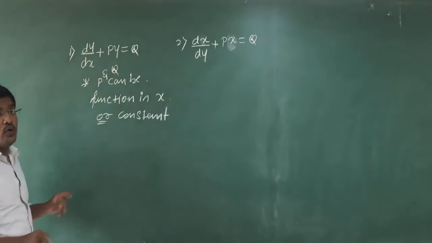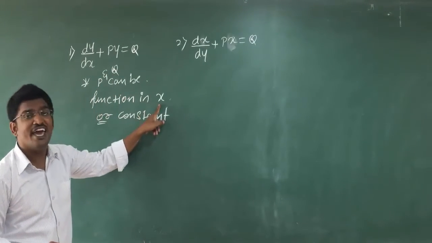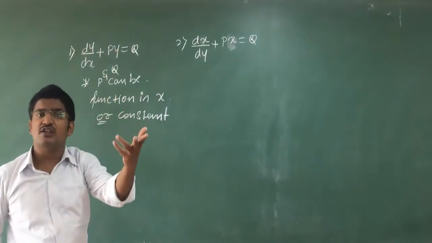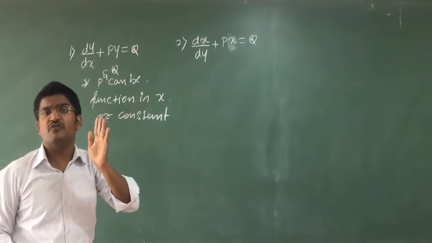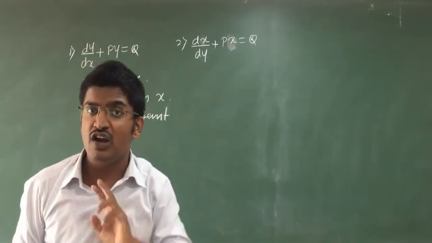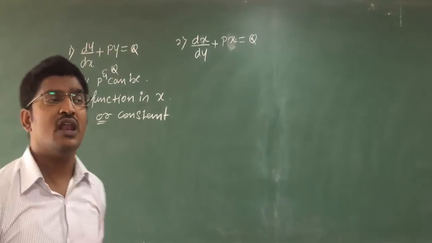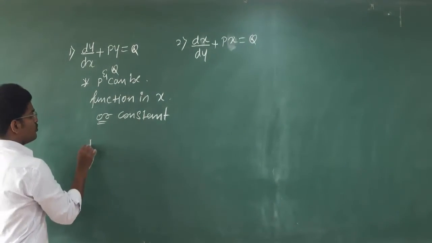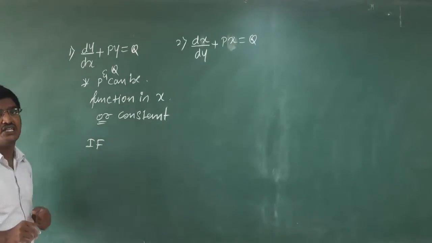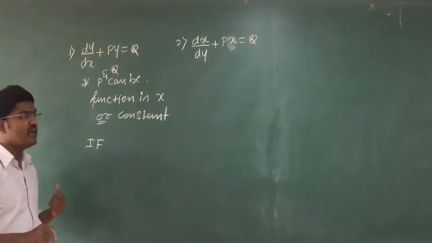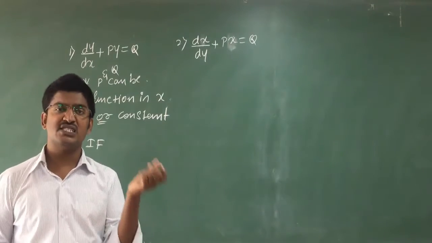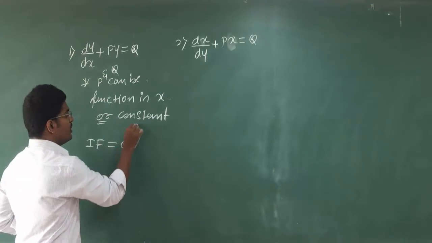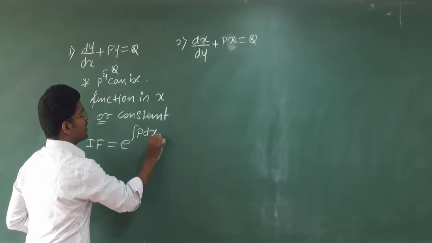Next q, also same. P and q can be functions in x or constant. Clear? So p and q can be constant or functions of the variable x, not of the variable y. Are you clear? So if this is present, first you have to find the integrating factor, that is IF, which is equal to e to the power of integration of p with respect to dx.